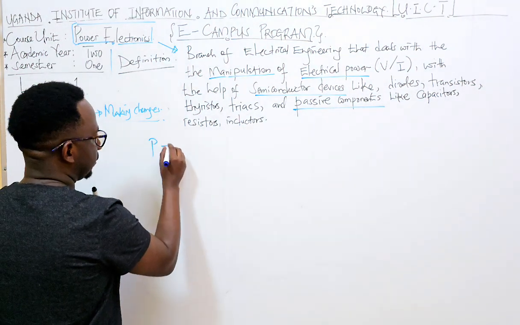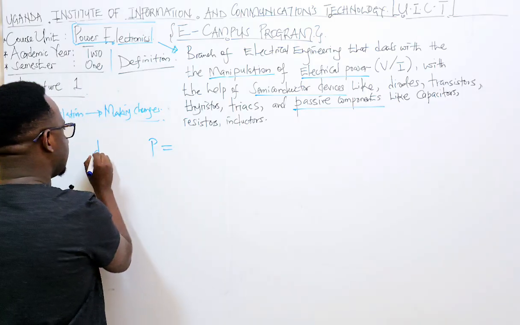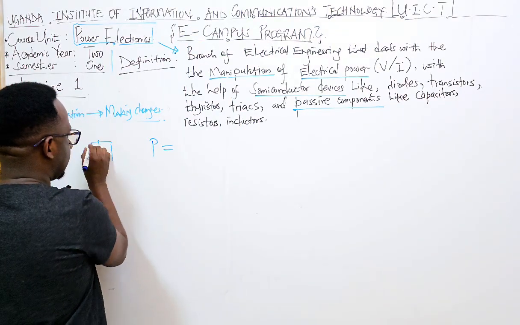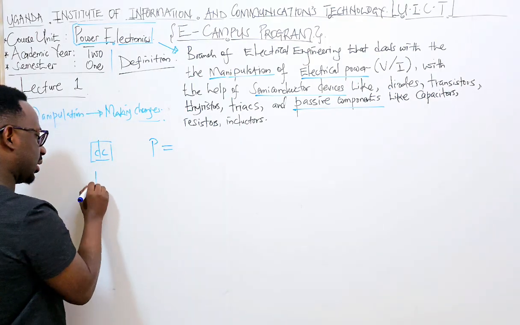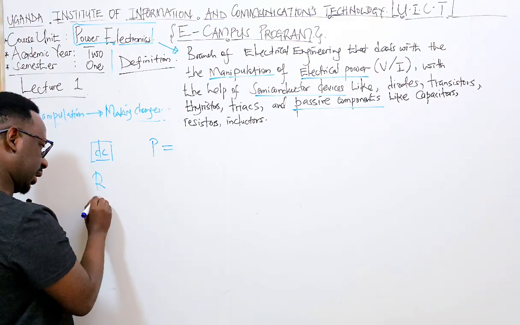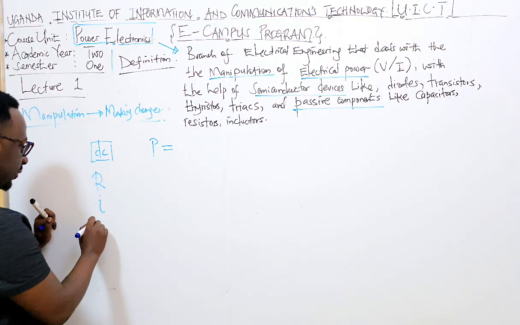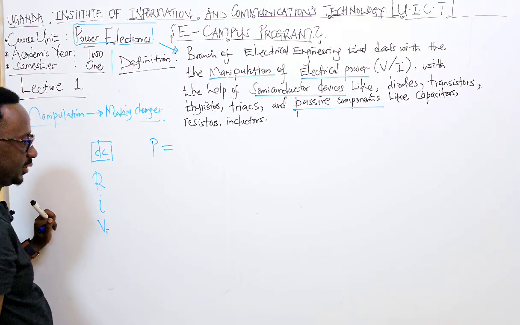So, long story short, we're going to be dealing with our power equations. So, for ease, let's say we have a DC circuit, and we happen to have a resistive load R and a current I flowing, right? And the voltage drop VR across it.